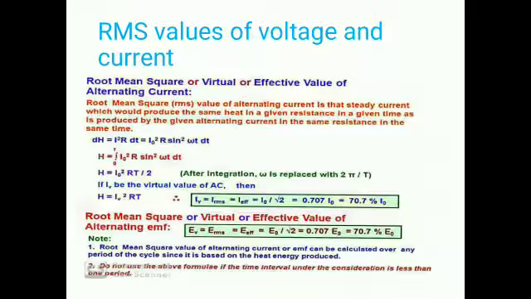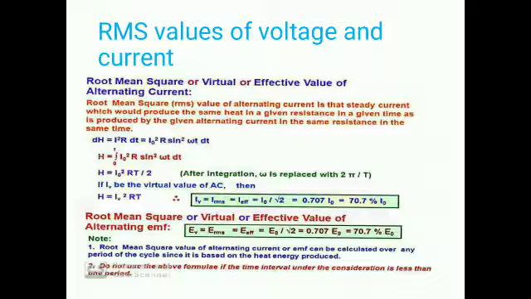RMS values of voltage and current. RMS means root mean square. First of all, find out the average of the squares of the instantaneous values of the current or voltages. Then the square root of that value gives the root mean square value for the voltage and current.